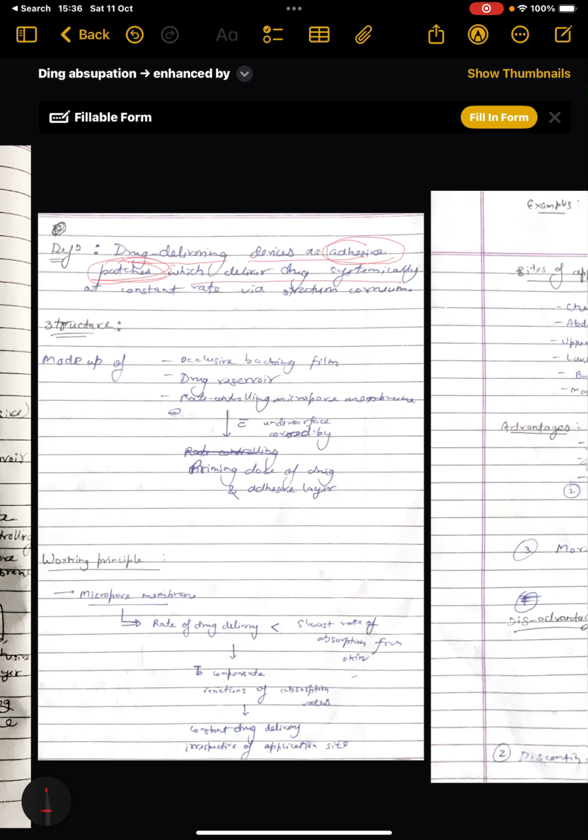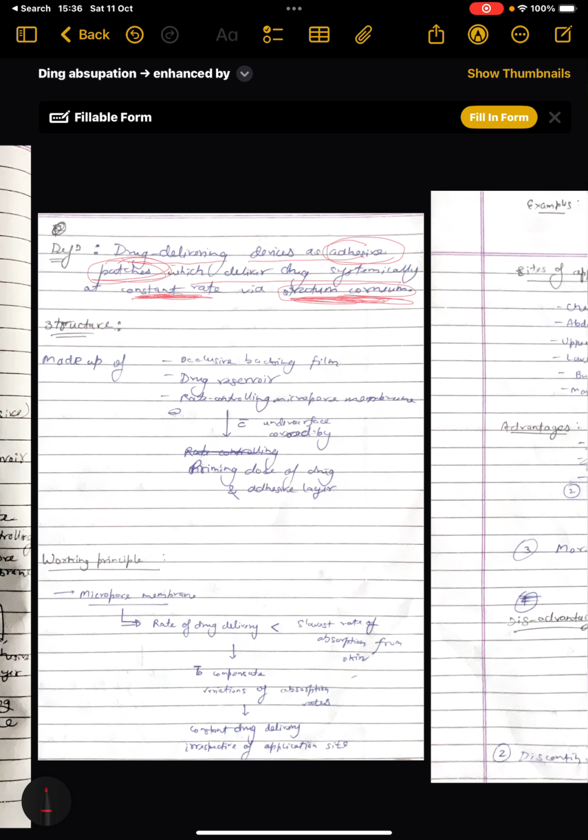So what is their purpose? These deliver drugs systemically, which means through the blood vessels, through the capillaries, at a constant rate. This is very important, that transdermal therapeutic systems deliver drugs at a constant rate into the systemic blood flow via the stratum corneum. So what is stratum corneum?